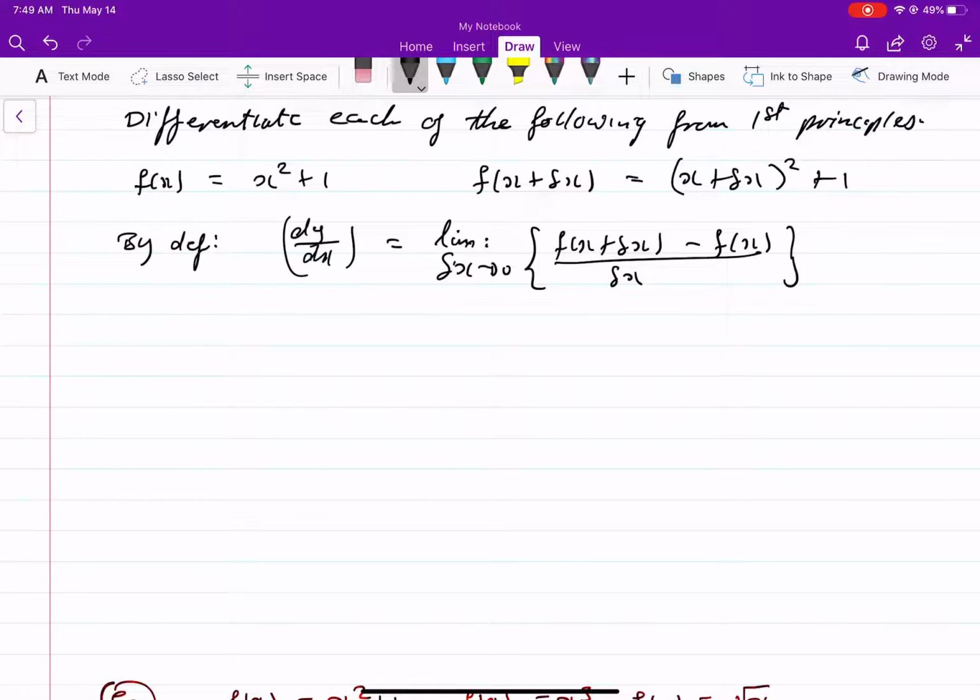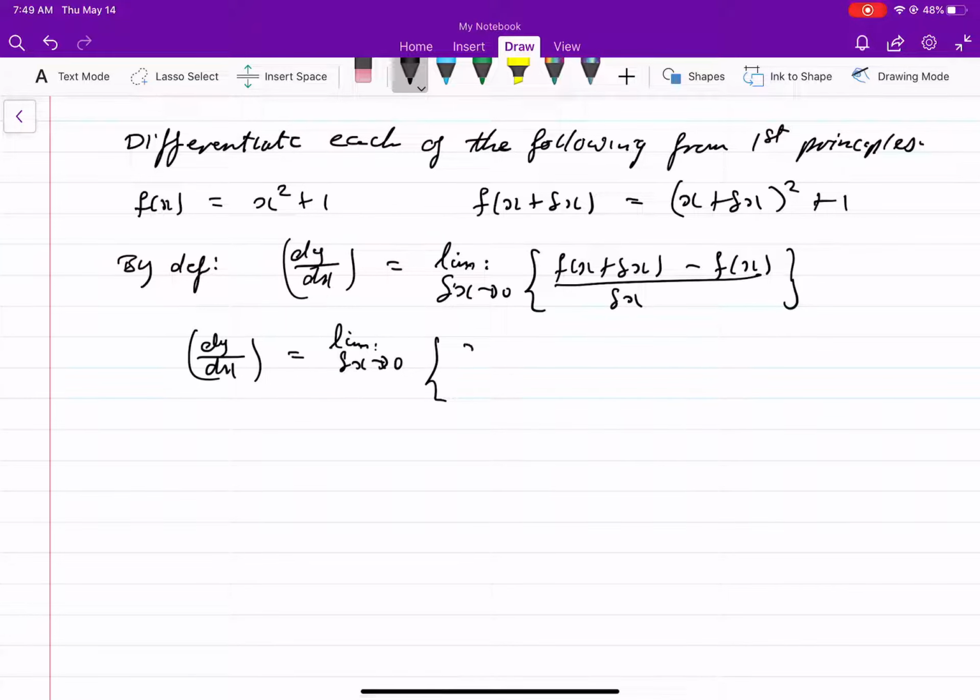So let me plug in. Dy dx is equal to the limit as delta x approaches 0 of the expression for f of x plus delta x, which is x plus delta x all squared plus 1. Gotta get square brackets around that. Minus the expression for f of x, which is x squared plus 1, all divided by delta x.